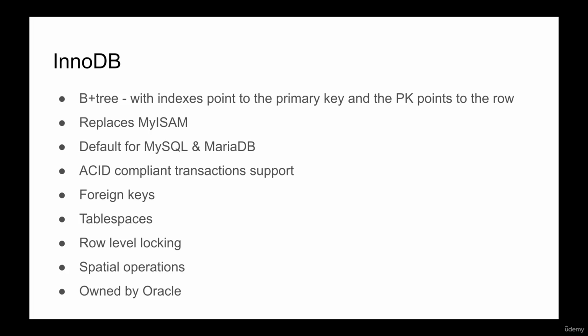So if your function or application is trying to update that, you better wait. You cannot update that row unless I'm done. I'm going to lift my exclusive lock, and then you can do your stuff. So that's powerful. MyISAM only supports table level locking.